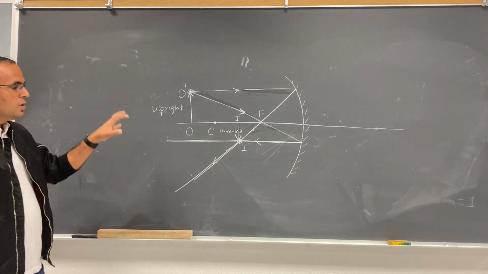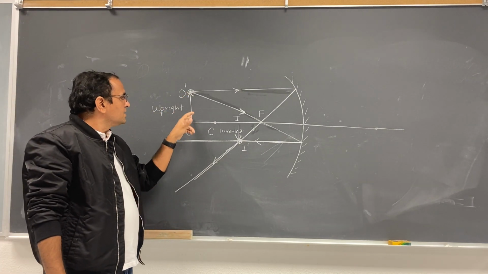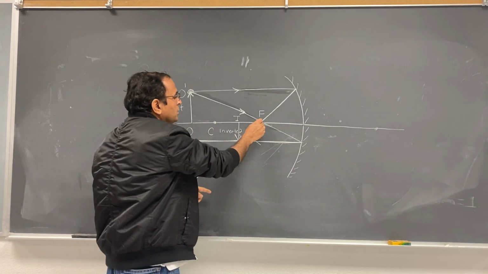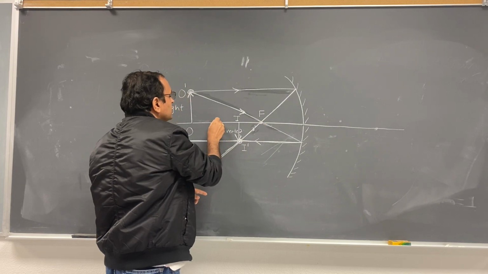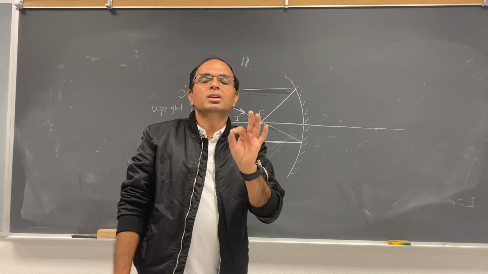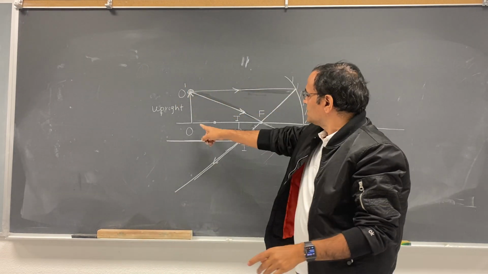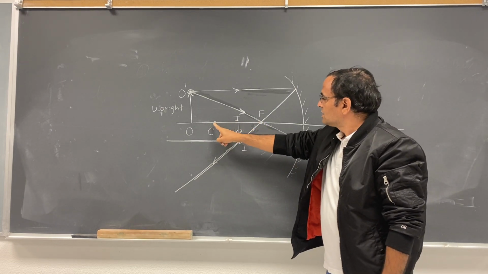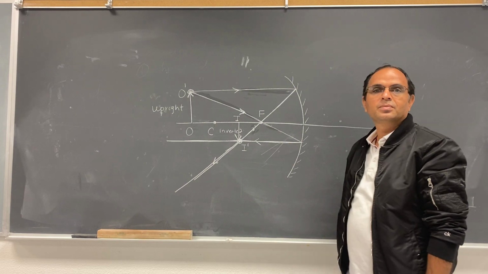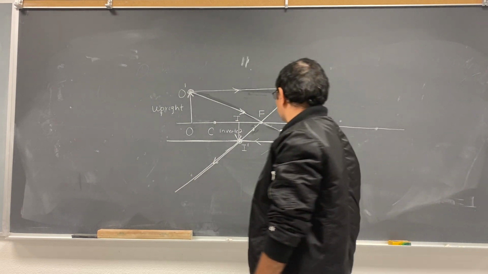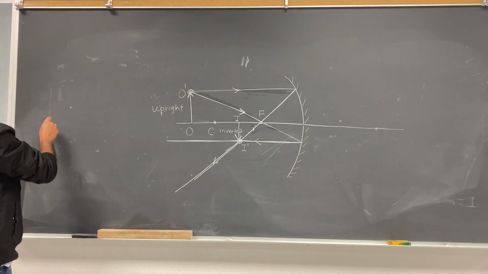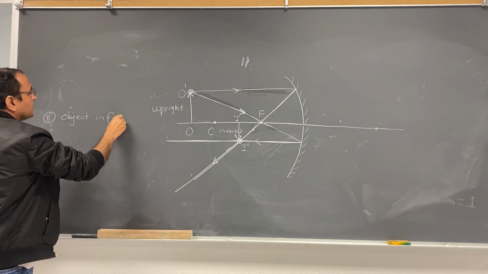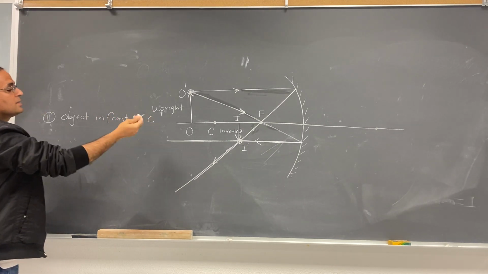Okay. So if you keep the object in front of the center of curvature, your image is formed in between the focal point and center of curvature. In this case, the second case, object in front of C, where C is the center of curvature.